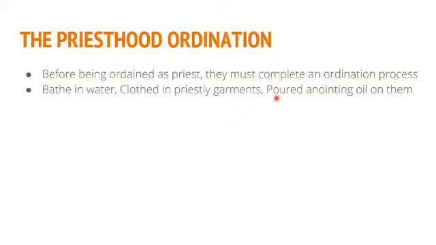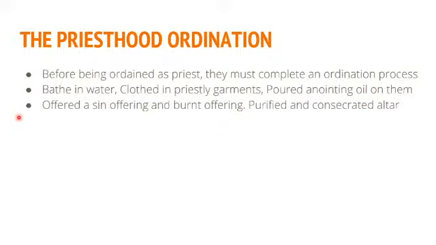That was just a symbol. That oil is not magical. That oil doesn't have any kind of special magical properties in it. It was to symbolize that the Spirit of God is going to be overshadowing this person and empowering this person for service. That's why they poured anointing oil on the person. That's all it meant.